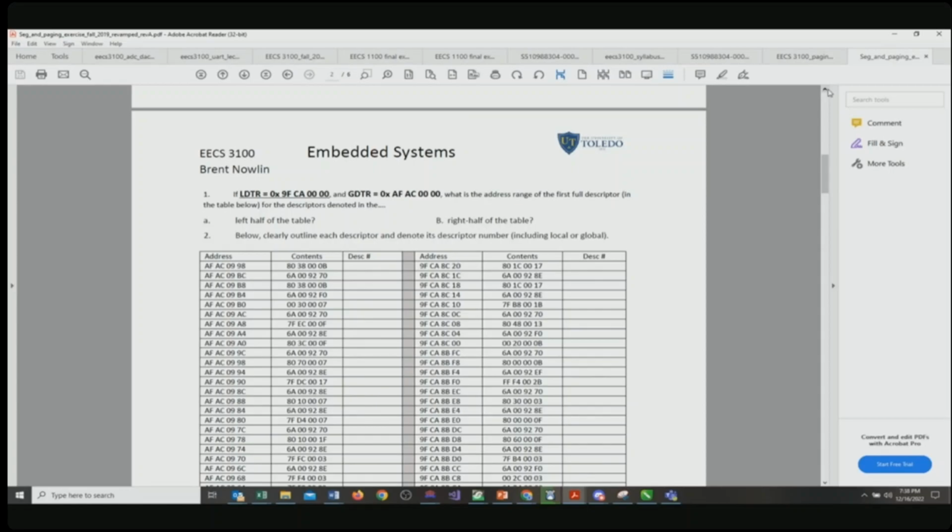A 4-bit value is a nibble. So hexadecimal is nibbles. So we break this up.